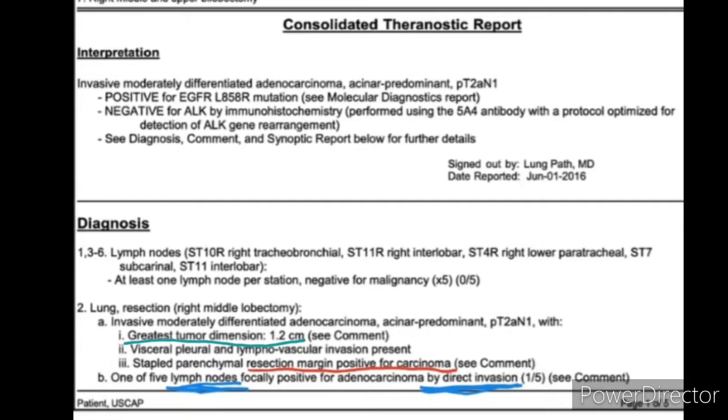One other note I'd like to make is 2 lines above where I underlined in red. It says greatest tumor dimension, 1.2 centimeters. So in cancer, tumors, of course, do not come in perfectly spherical balls. They are odd-shaped structures, and they are 3-dimensional. And so they typically will give the 3 dimensions of the tumor that they've resected or removed.